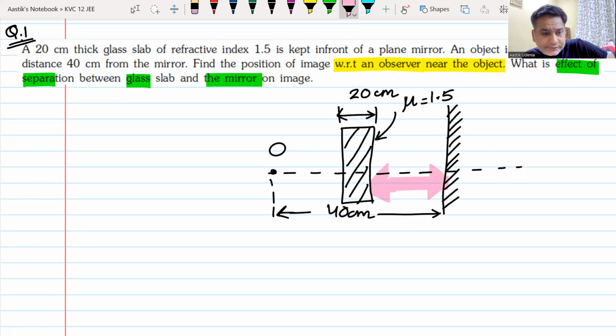Yes or no? It depends, thumbs up. It does not depend, thumbs down. Does it depend? Yes or no?